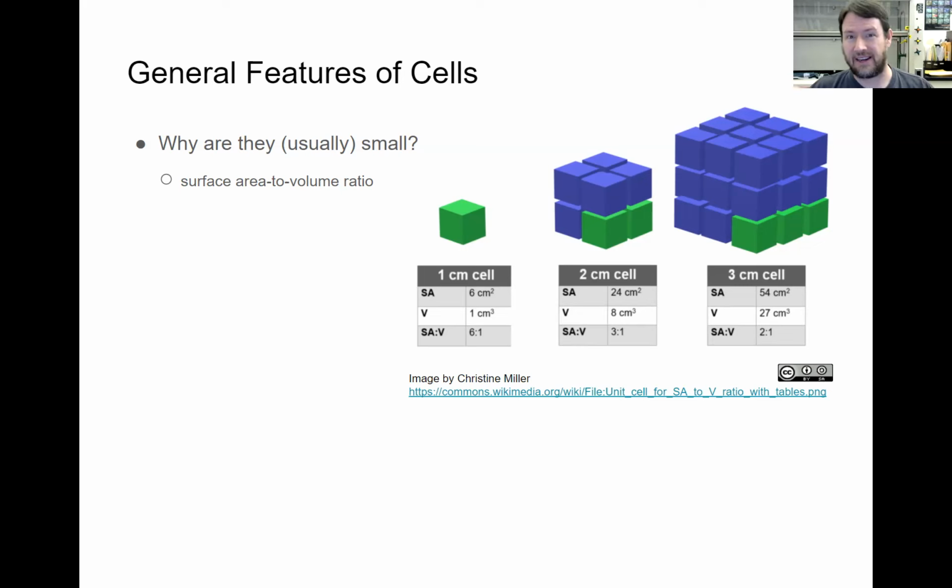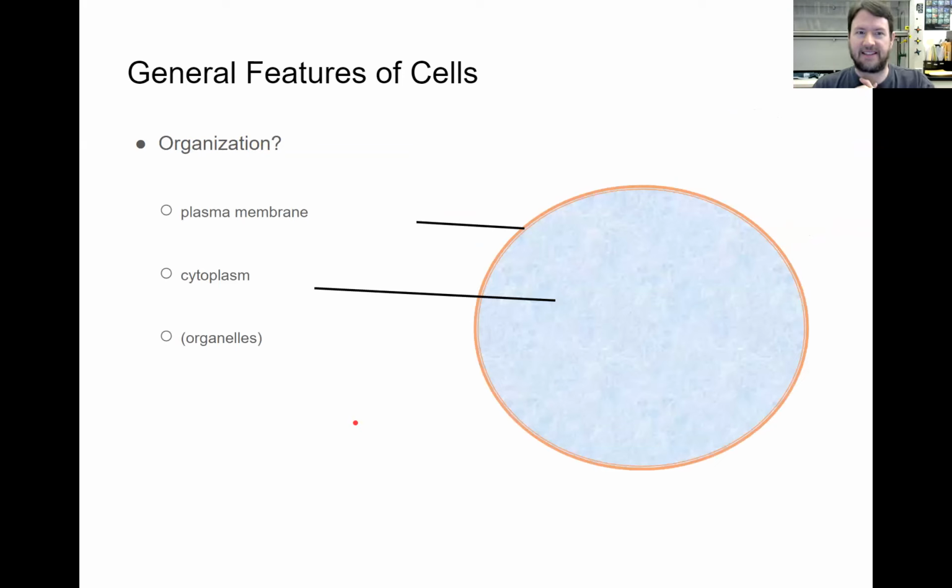We can get materials in and out, but communicating along the length of that cell is sometimes a little tricky. I should say muscle cells usually have multiple nuclei and multiple divisions, even though they're one continuous cell. There are usually multiple control centers, so they're a little bit weird. Okay, talked about the exceptions.